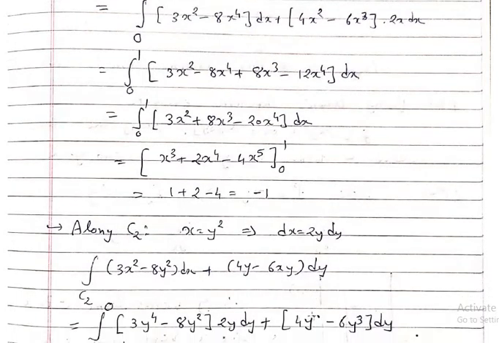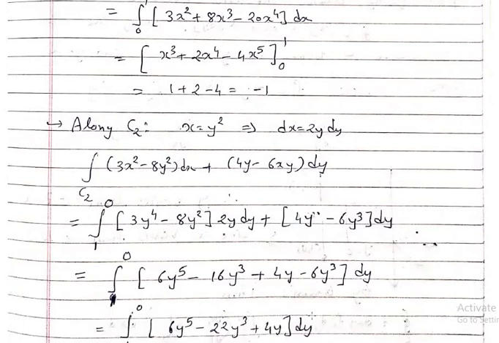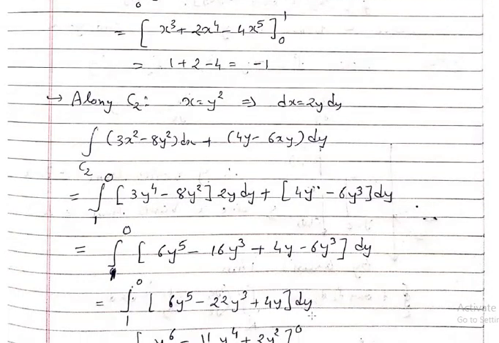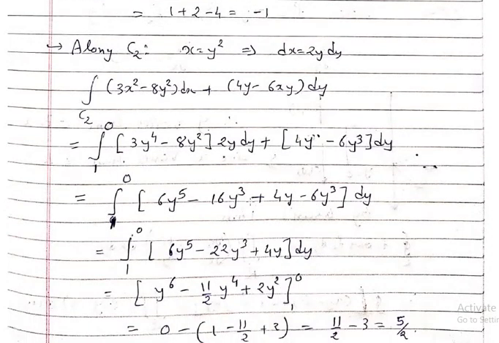Now we are going to take the integration along C2. For C2, the curve is x is equal to y square, and that will give you dx is equal to 2y dy. So if you are going to put these values in the integration, then integration along C2, 3x square minus 8y square dx plus 4y minus 6xy dy.